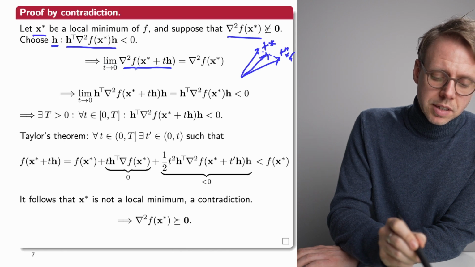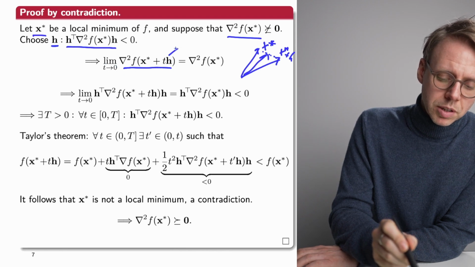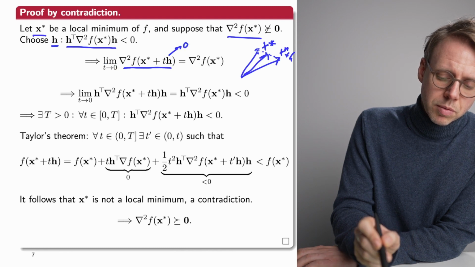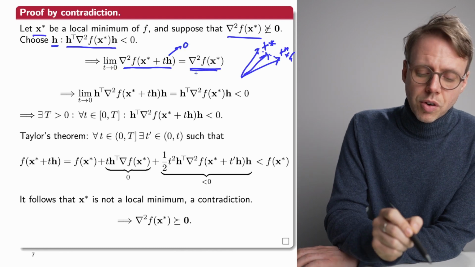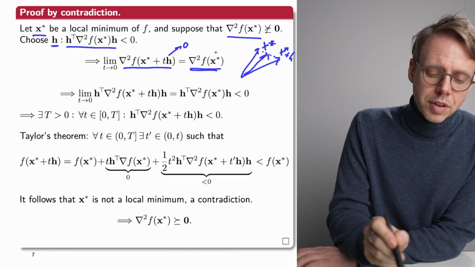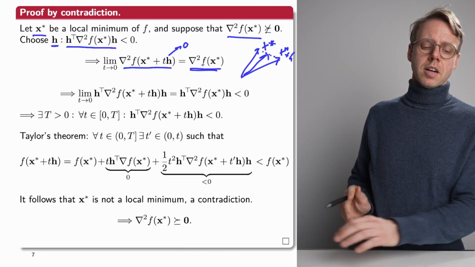And of course the limit of the sum, because this will go to 0, will then be the Hessian of f at our minimum x star.